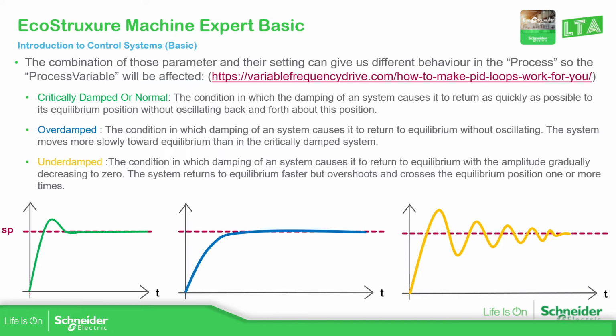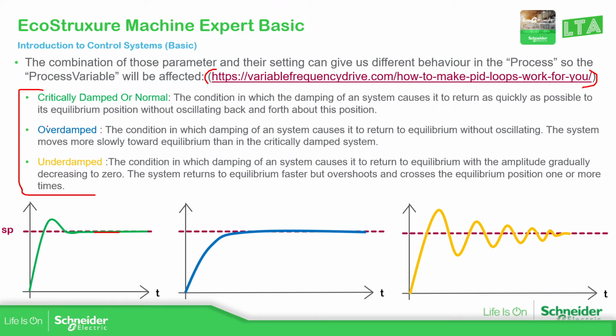This is the set point and this is the process value. I have already configured all the values of the PID, so it reaches the set point and just stays there, which is the ideal situation. This definition I got from this site, I believe it's good if you take a look.